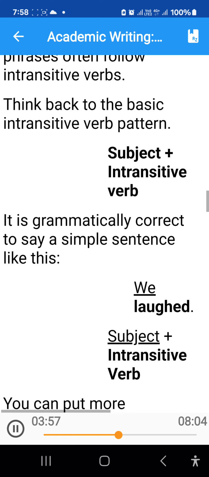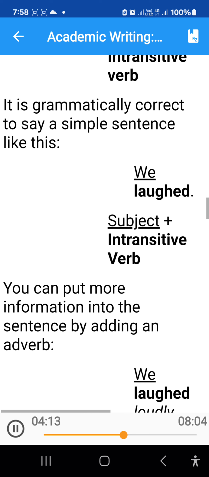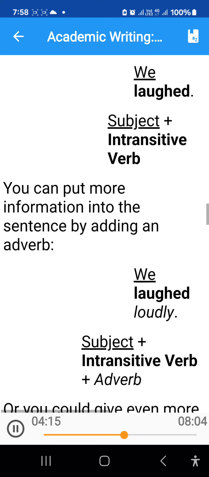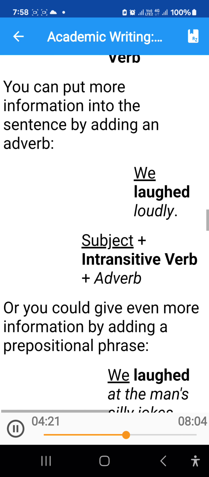Think back to the basic intransitive verb pattern. Subject plus intransitive verb. It is grammatically correct to say a simple sentence like this: We laughed, or subject plus intransitive verb. You can put more information into the sentence by adding an adverb.